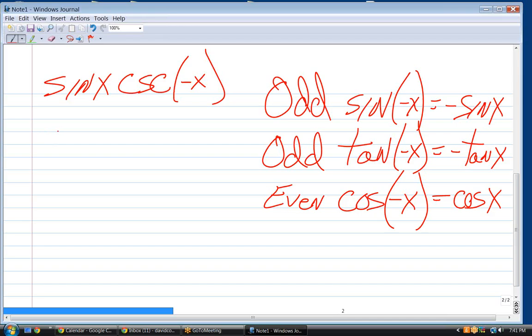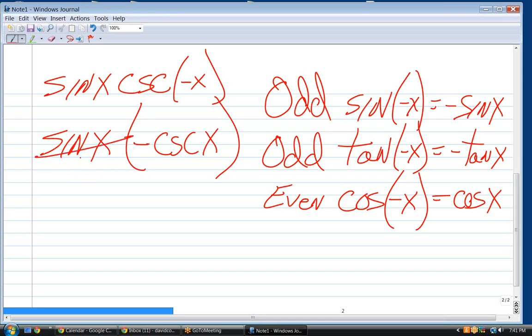I can rewrite this as sine x times negative cosecant of x, because it's odd. And cosecant x, or sine x if you prefer, is 1 over cosecant. So I can replace that with 1 over cosecant x. And now I've got negative cosecant over cosecant, negative 1.